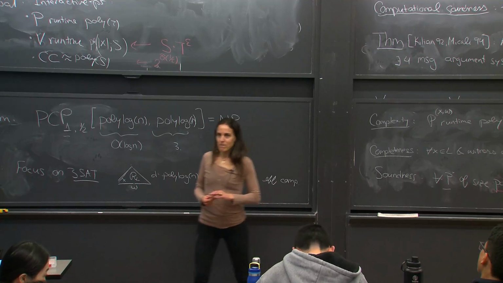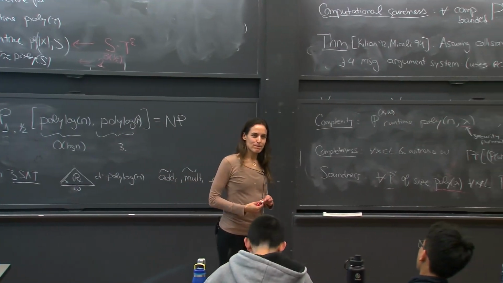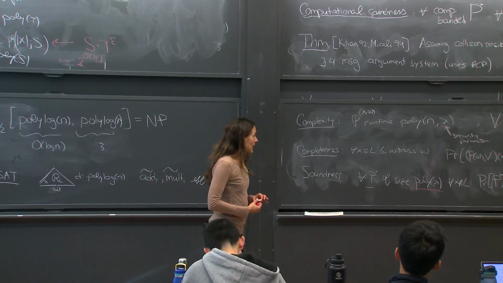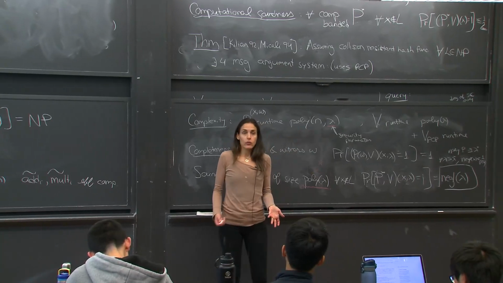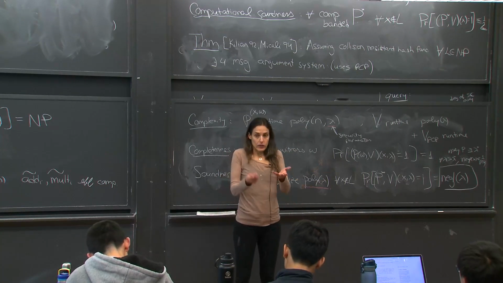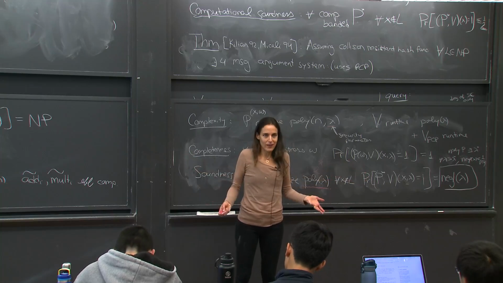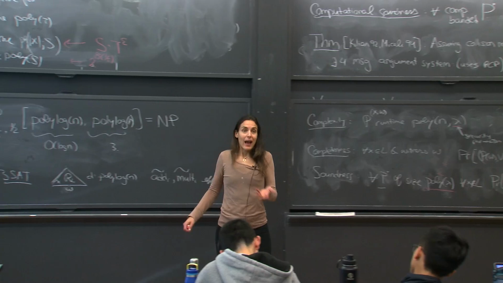Yeah? So the reason we're giving the honest prover this extra poly is that we're assuming they have to do something with the witness? Exactly. The honest prover, of course, needs to read the witness. He needs to look at the input, read the witness, generate a PCP or whatever. So the honest prover, of course, needs to run in time that depends on x.